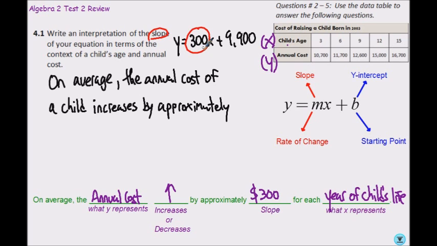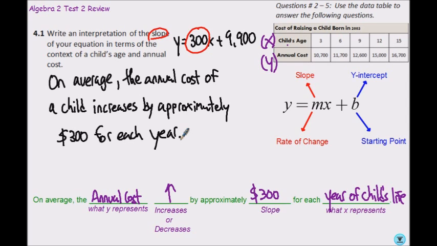So we said it goes up by $300 a year. Approximately $300 for each year. Right? So on average, the annual cost of a child increases by approximately $300 for each year.